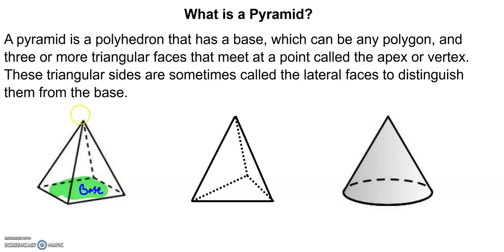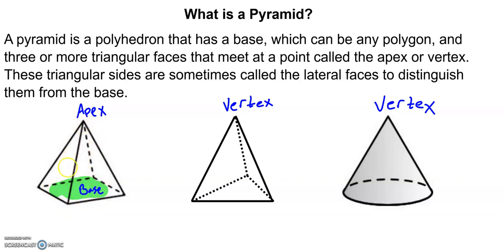And then at the top, we have the apex or vertex, depending on how you call it. I use them interchangeably in my classroom, so I usually use the word vertex, but every now and then I'll say apex. In this pyramid, notice the base is some kind of quadrilateral.